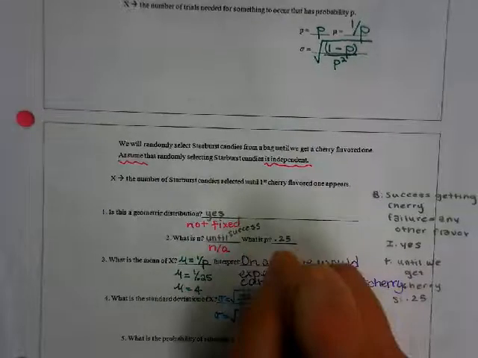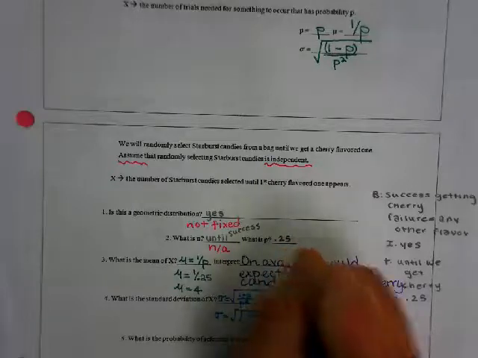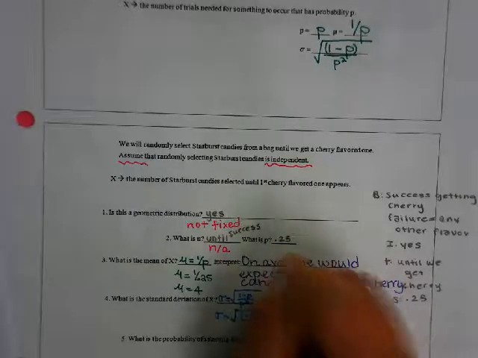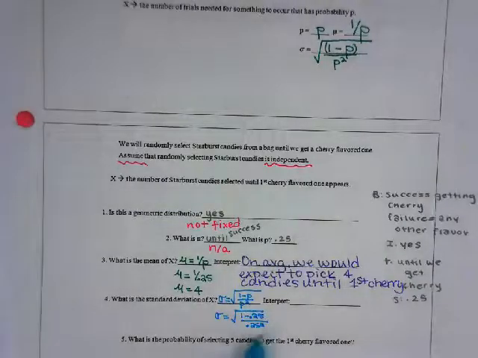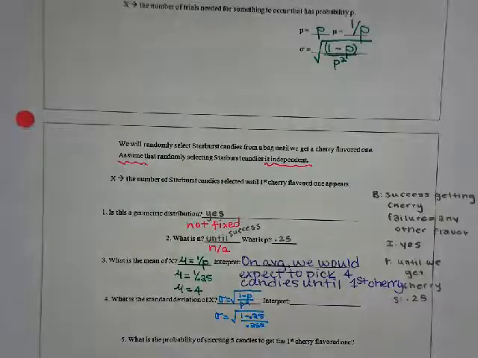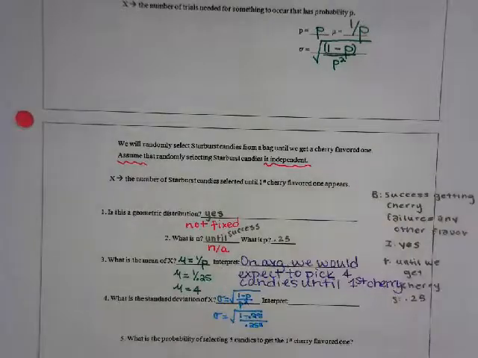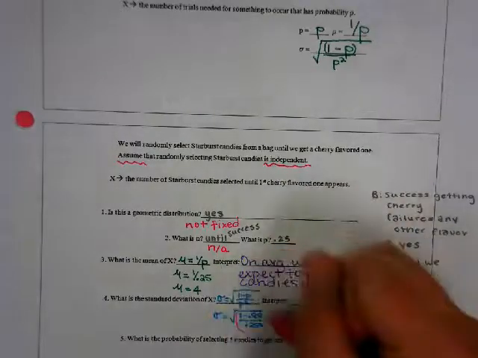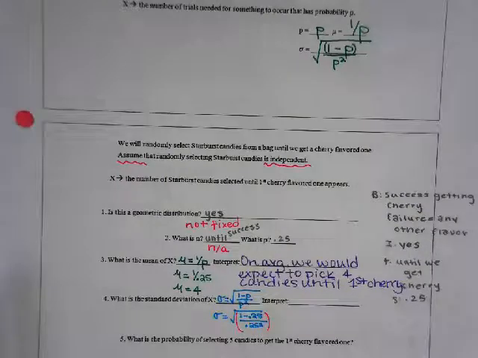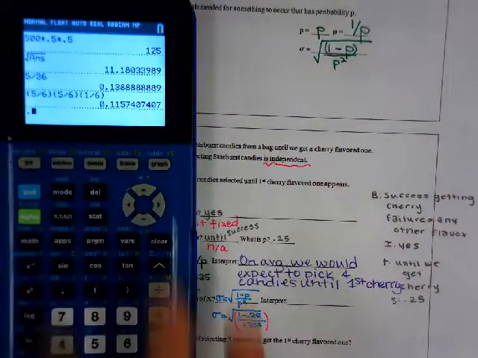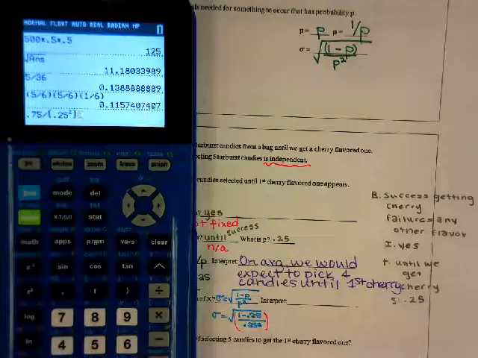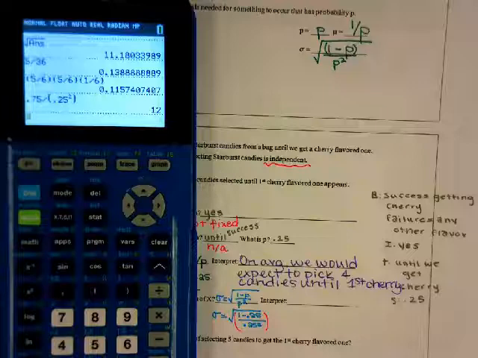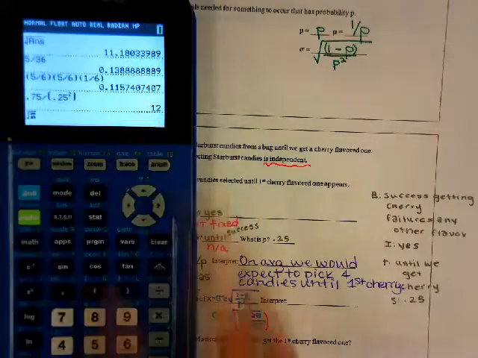Make sure that you do this part before you take the square root. So 1 minus 0.25 is 0.75, and I'm going to divide by 0.25 squared. And then I'm going to take the square root of that, and I get 3.464.